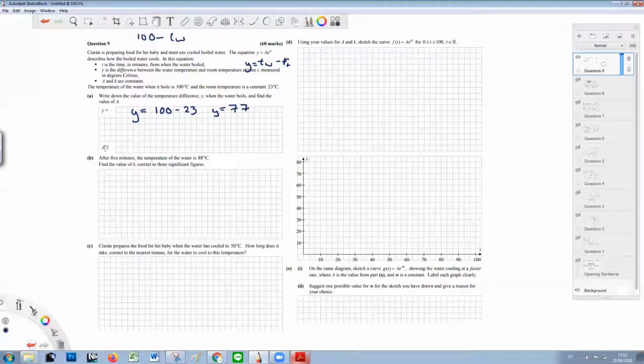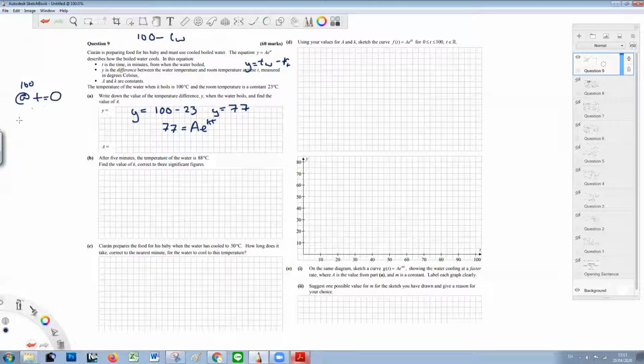And then you have to find the value of A. We know that y is 77, and it has to equal Ae^(kt). This is when the water is at 100 degrees, which is at time 0, right? So it's at 100 degrees at t equal to 0.